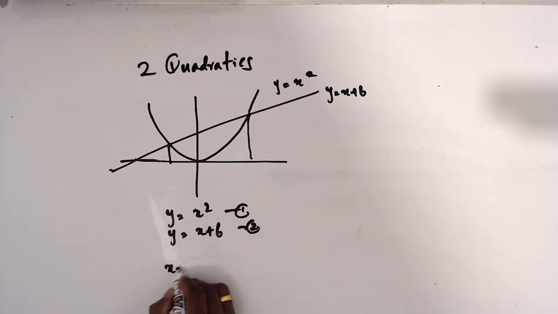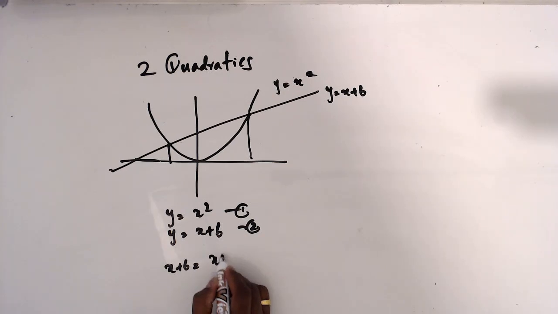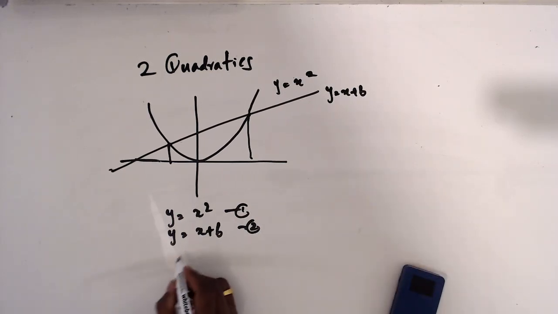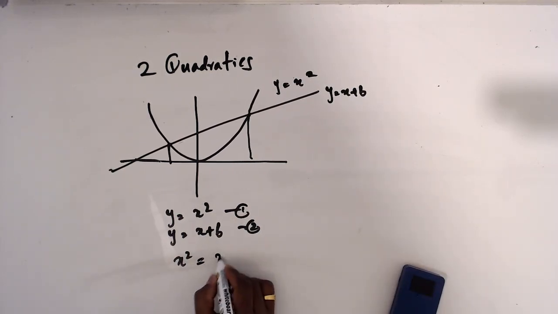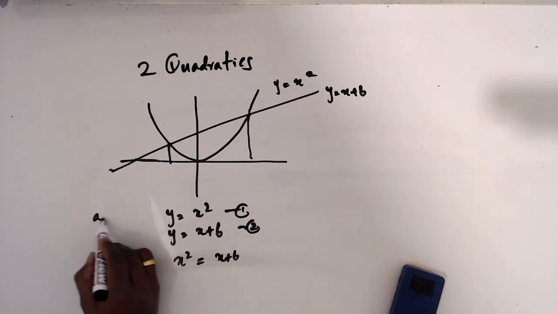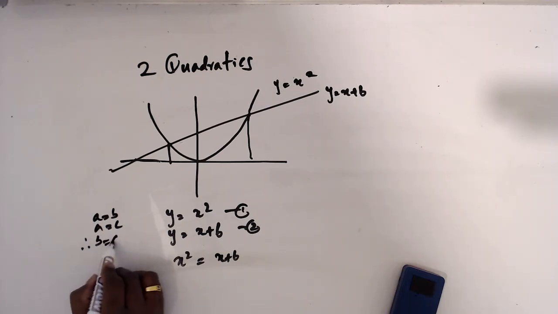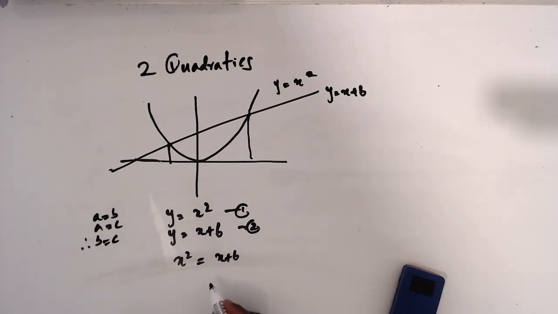So x plus 6 equal x square. Or, no, x square equal x plus 6. I use the theory of A equal B, A equal C, hence B equal C. Right? So x square minus x minus 6 equals 0.